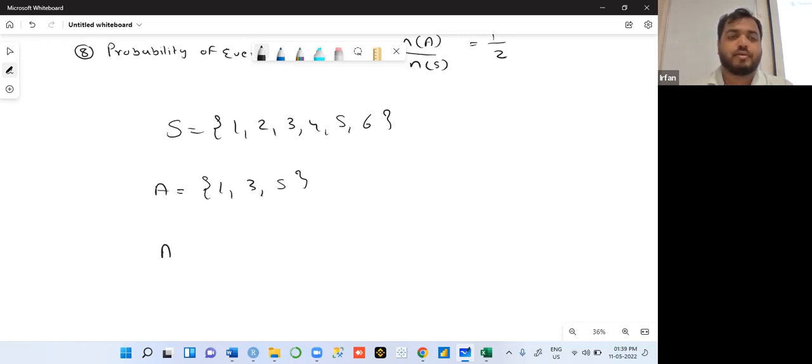The remaining ones. Which are remaining? 2, 4, 6. Either you write A dash or you write A C. It has become the complementary for you, meaning the opposite of A. Clear? The complementary event is the opposite of any event.